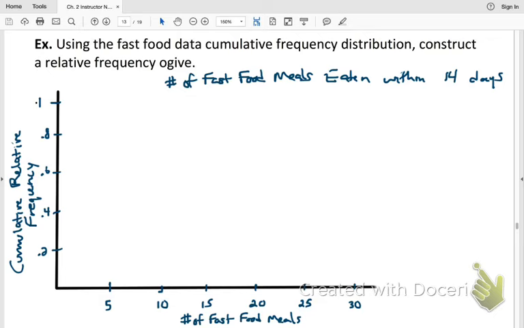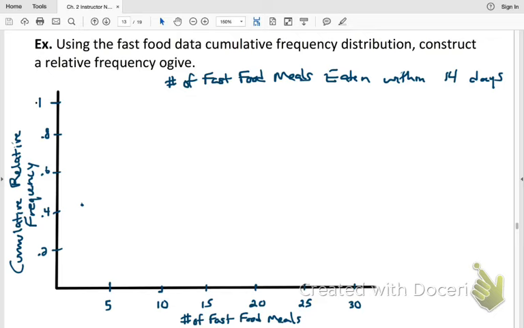And remember, I'm going to use the class midpoint for this. So that's really 2.5. I don't want to label the 2.5s. I don't think that makes a whole lot of sense in terms of looking at this and saying somebody ate 2.5 fast food meals. But I am using that value when I put this dot on my chart right above 0.4.